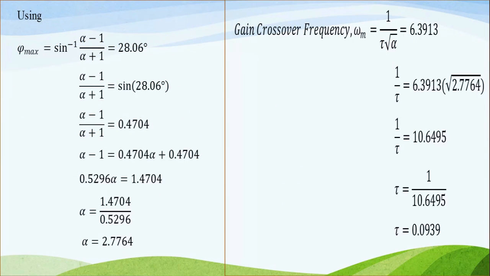By using phi max, which is equal to the inverse sine of (alpha minus 1) over (alpha plus 1) equal to 28.06, we can obtain alpha, which is equal to 2.7764 by doing the calculation. Next, we will solve for tau. We can obtain it by using the gain crossover frequency formula, omega m equal to 1 over tau square root of alpha, and it is equal to 6.3913.